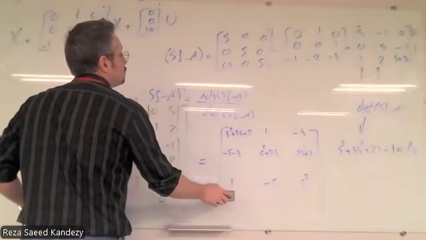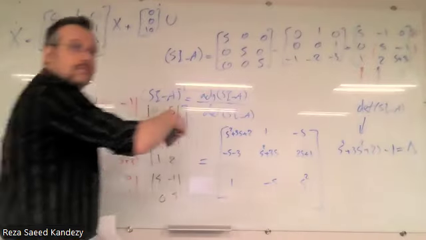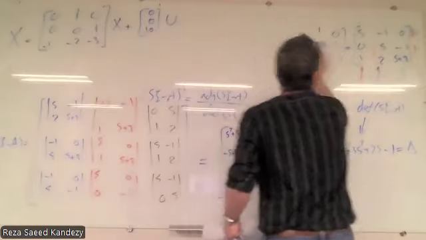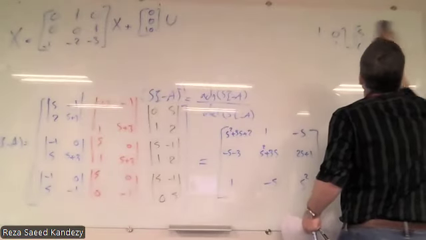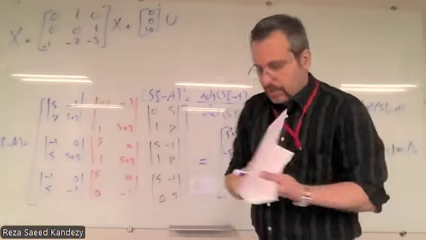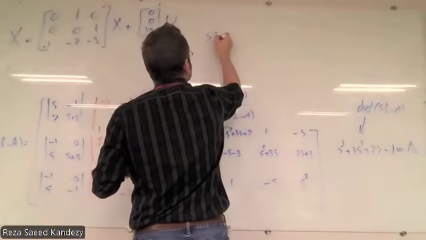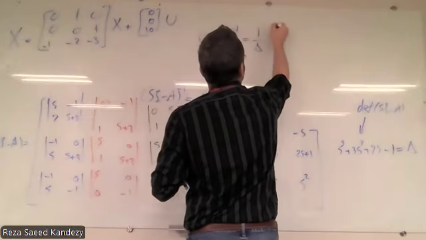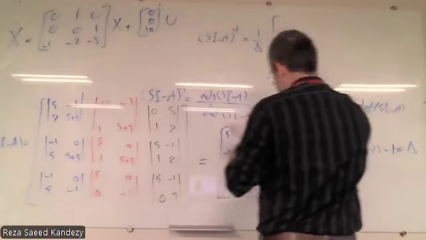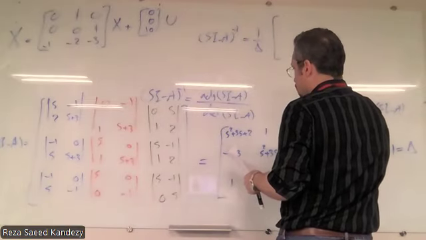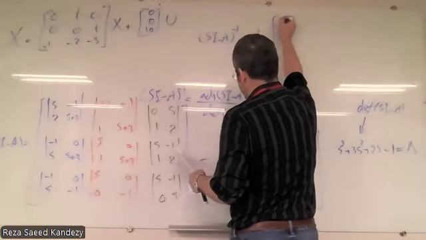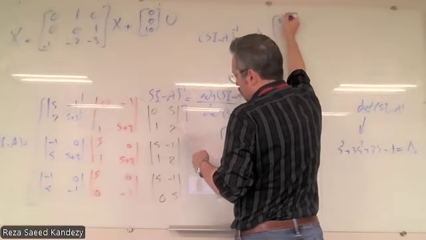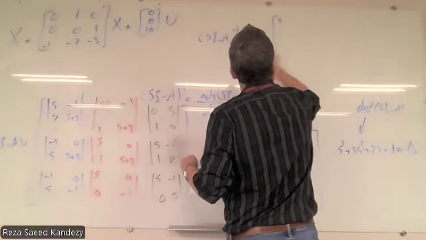So, are we good so far? Are we good? So, my SI minus A inverse is going to be 1 over delta times this matrix. Let me put the delta in.